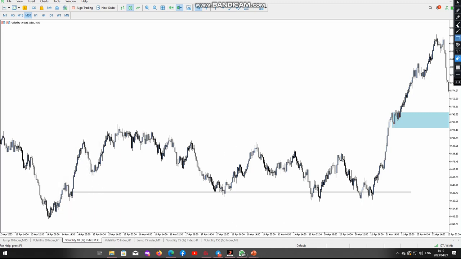You can see it came back, came back, it came back. It gave us a first retest. Where? In this zone. Check. Number one, first retest. Then number two, here.